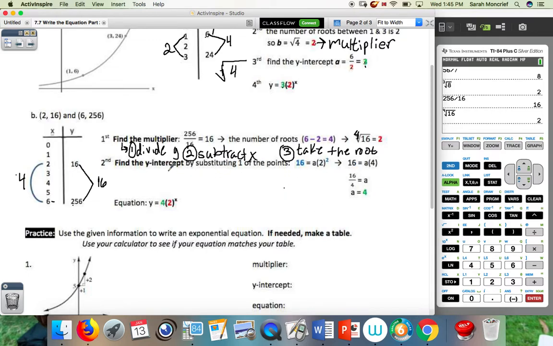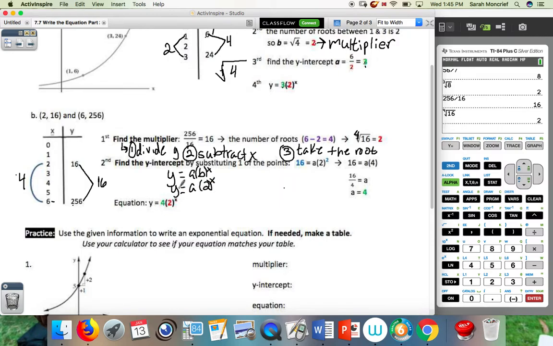So we know that this is y is equal to a times b to the x. Oops, forgot my parentheses. And we know that b is, for a fact, b is definitely 2. So we have y is equal to a times 2 to the x.